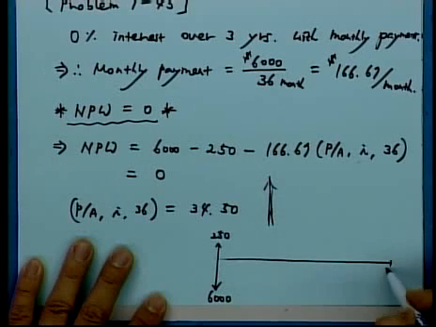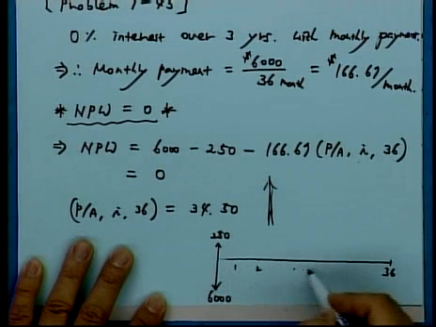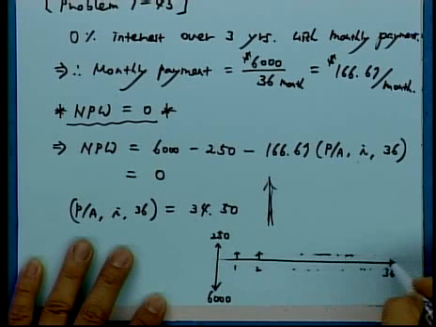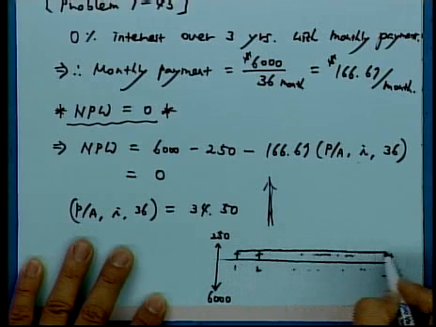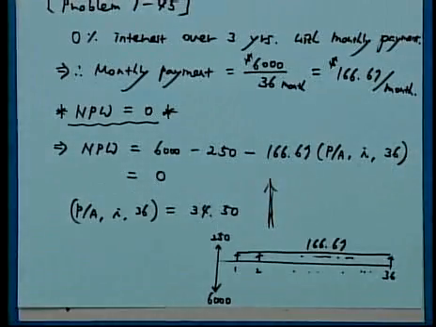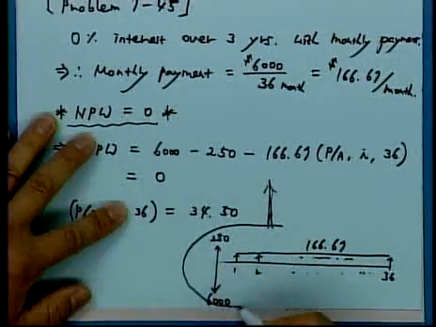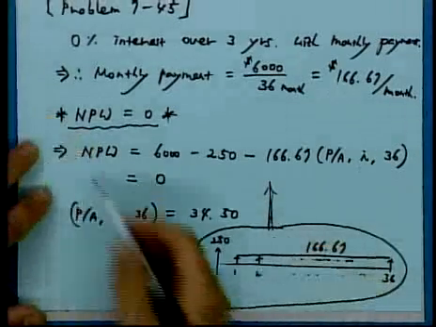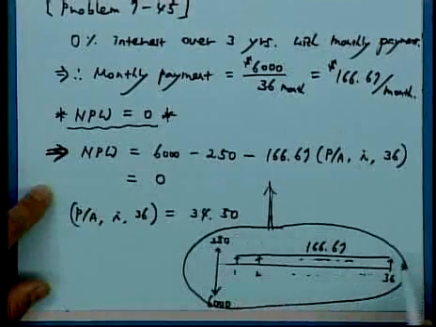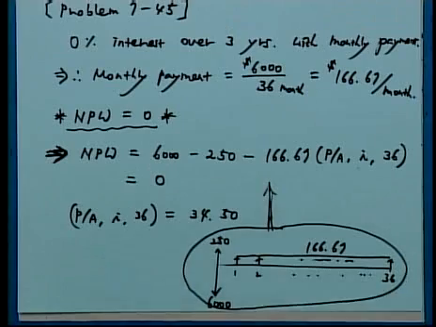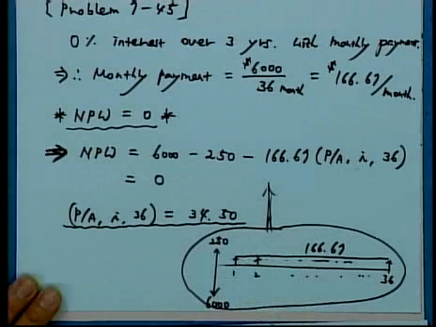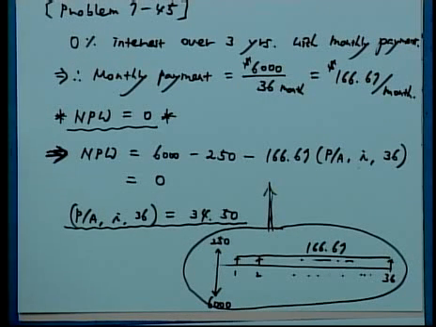And for the next 36 months, the monthly payment amount is $166.67. Okay? And our equation is based on this diagram. So anyhow, we've got this factor value of 34.50. So what's next?